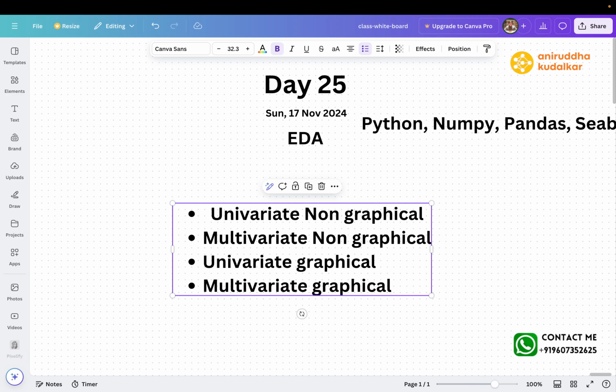What do you do in a multivariate non-graphical? In a multivariate non-graphical, you calculate cross tabulation and the statistics for the categorical and the quantitative variables.